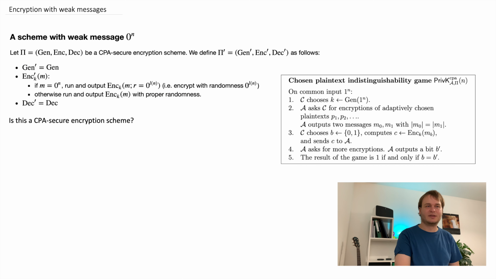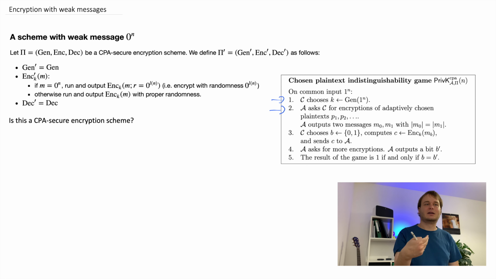Let's first take a look at the CPA security game. Again, this game is between a challenger and an adversary. The challenger will first generate a key. Then in the next step, the adversary will be allowed to ask the challenger for several encryptions of plaintexts that he chooses. So essentially, he will ask the challenger, hey, please give me the encryption of P1.